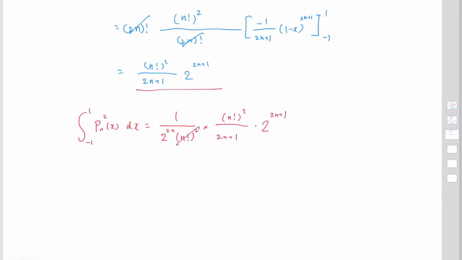Then factorial of n squared is going to be cancelled out, and the powers of 2 are going to be cancelled out. So it becomes 2 over 2n plus 1. Okay, so we could calculate the square norm of the Legendre functions. This is the answer to this practice.